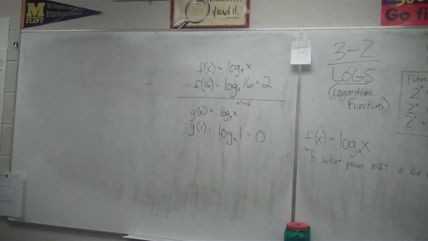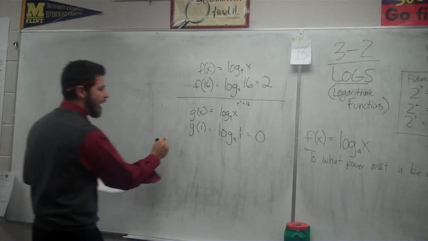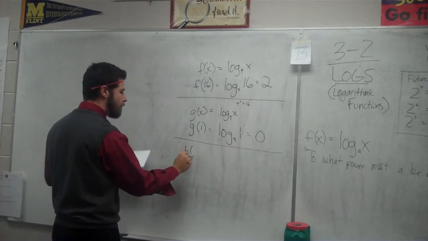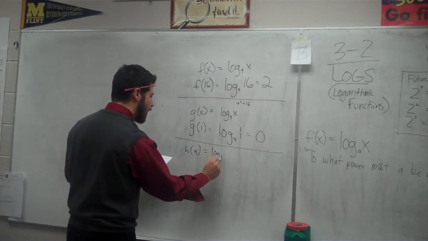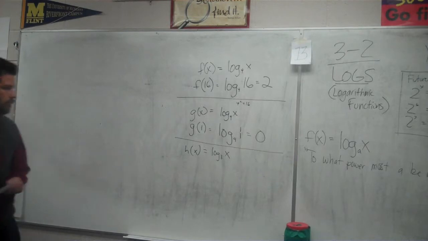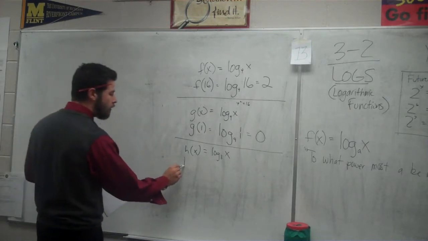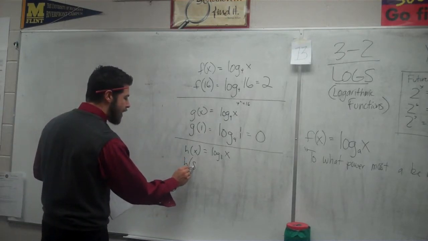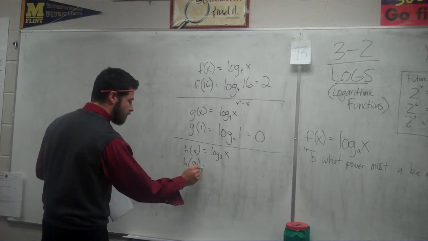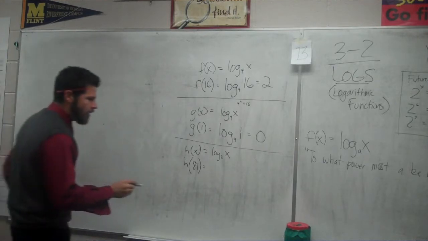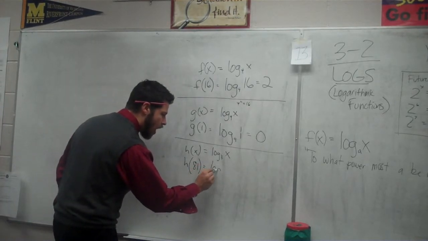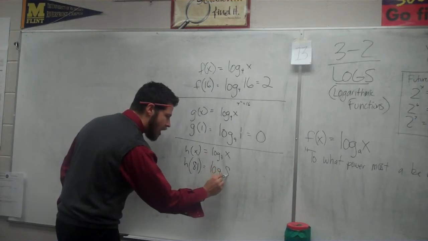Let's do h of x this time. I'm just going to do this in our head. H of x is equal to log base 3 of x. I want you to find, in your head, h of 81. H of 81 means log base 3 of 81.